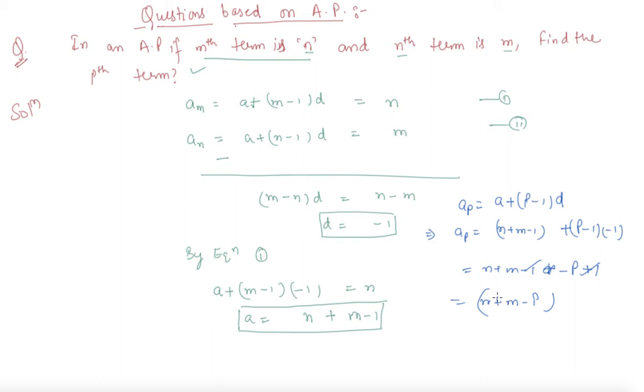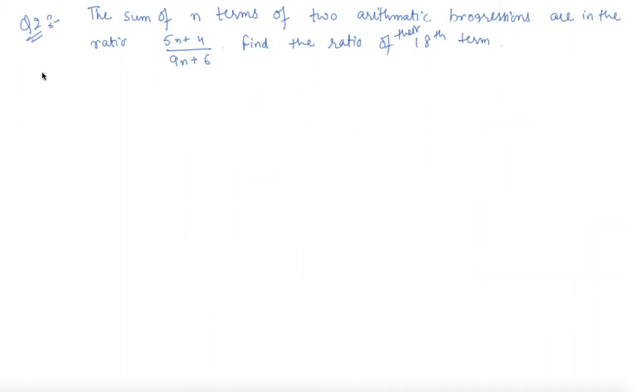Now let's discuss one more question based on AP. Here we are given a question on the sum of n terms of two arithmetic progressions. Let's say the first arithmetic progression has first term a1 and common difference d1, and the second has first term a2 and common difference d2.